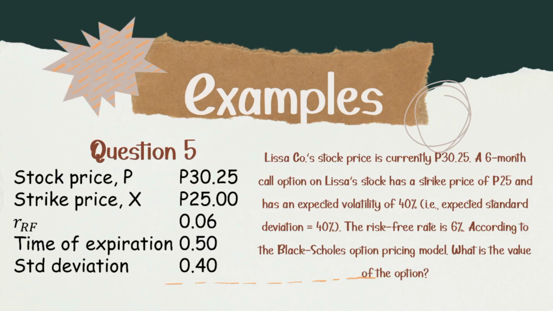So we have here the given stock price or the P, 30.25 pesos, strike price X, 25 pesos, risk-free interest rate, 6% or 0.06, time of expiration, 0.50, and for the standard deviation, 40% or 0.40.